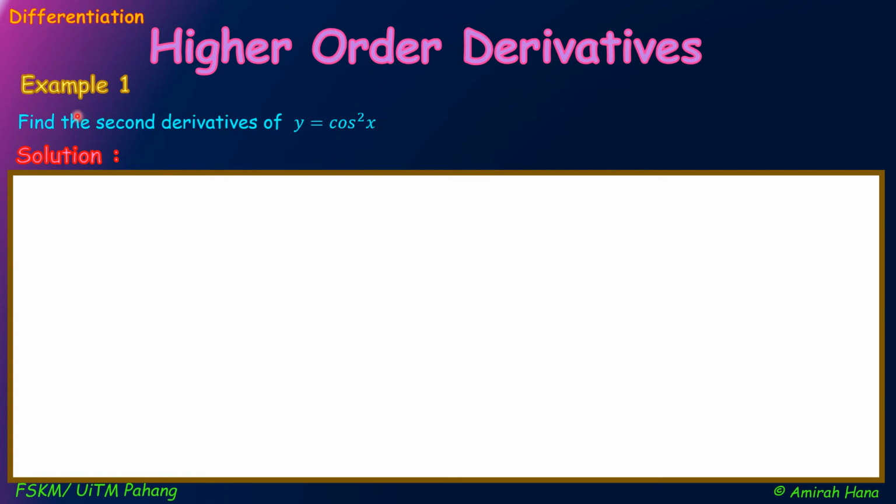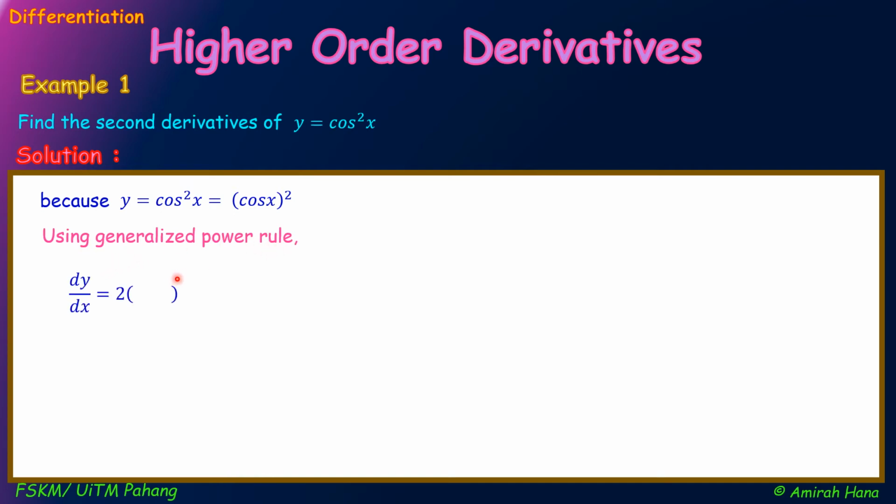Now let me discuss example 1. Find the second derivative of y equals cos squared x. Because y equals cos squared x equals (cos x) squared, we can differentiate using the generalized power rule. When we differentiate y with respect to x, it becomes dy over dx.